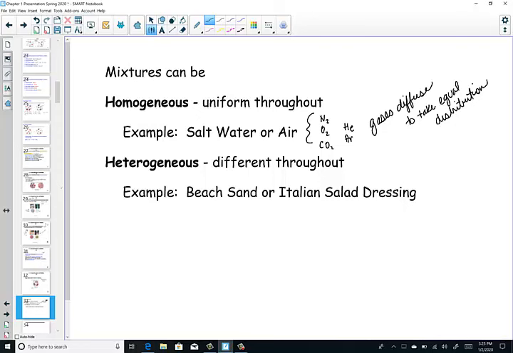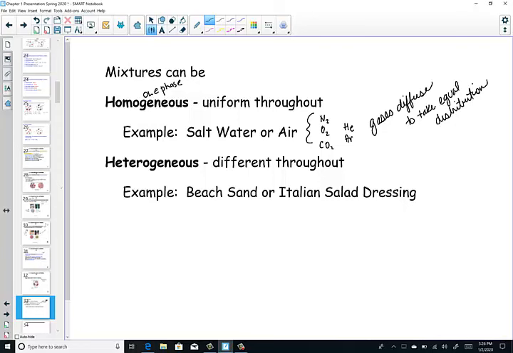Now, examples of heterogeneous mixtures, which means different throughout. Think of a blend of two or more ingredients, but you can see each ingredient separately. For instance, beach sand, Italian salad dressing. I can see each component. So when I think homogeneous, I have just one phase that I can see. Salt water looks the same.